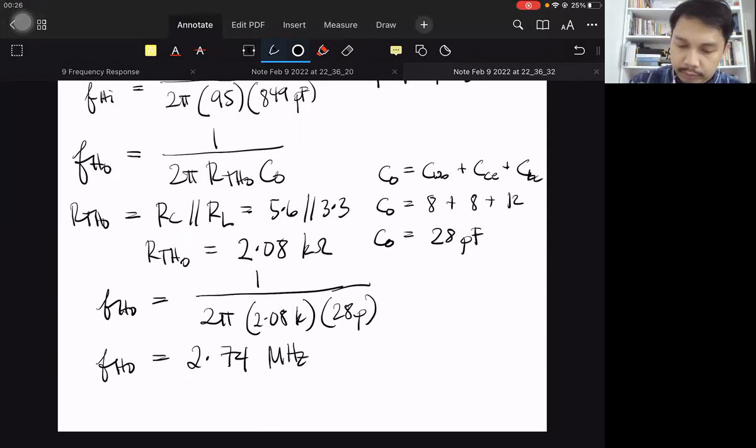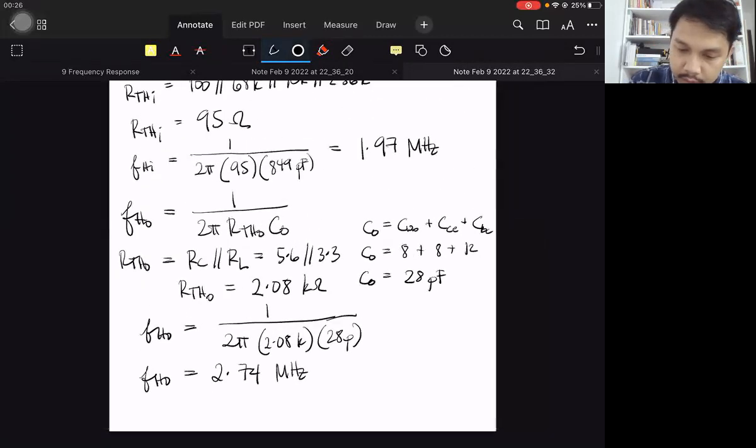Okay, so we have two answers again: 1.97 megahertz and 2.74 megahertz.